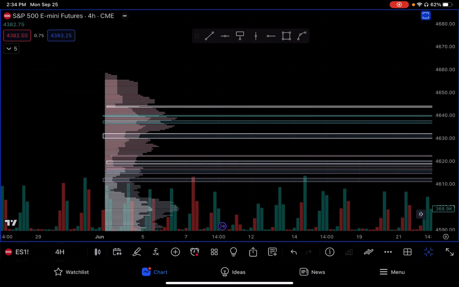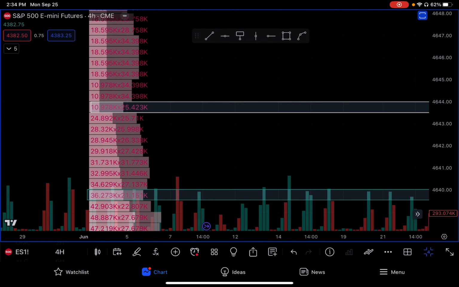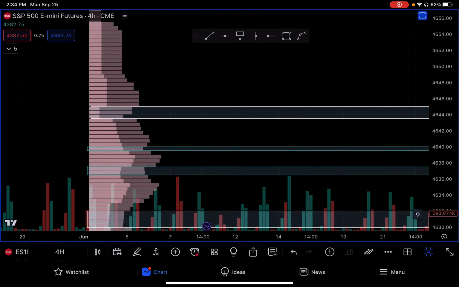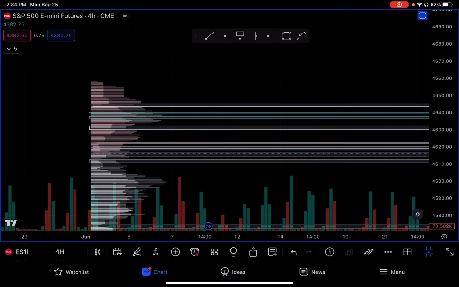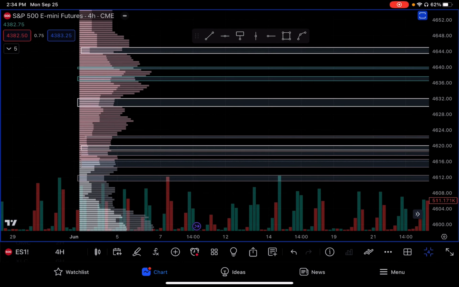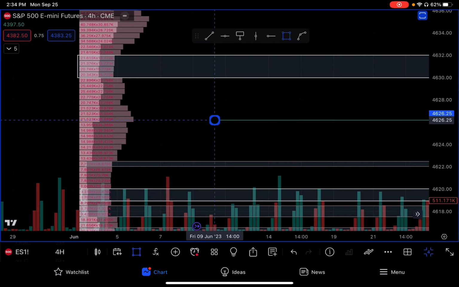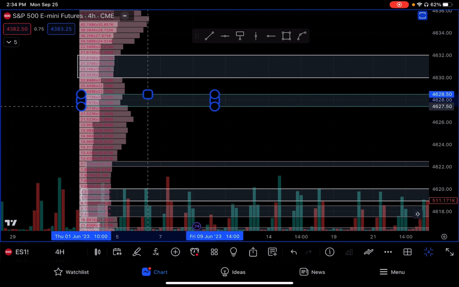I think I'm going to extend that one to there because that could really halt price. And I'm going to put a minor one at this shelf.